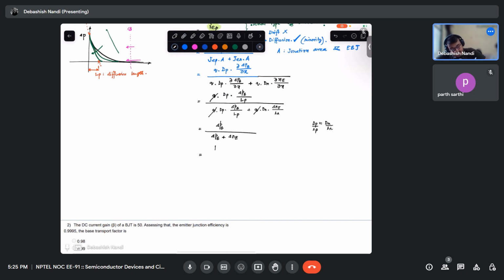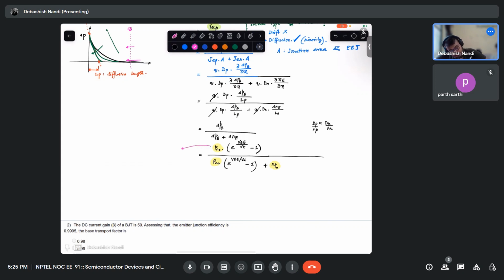Delta P_B is P_n0 times e to the power V_BE over V_T minus 1. This we know from the PN junction theory. And similarly this is e to the power V_BE over V_T minus 1, and this will be plus N_p0.